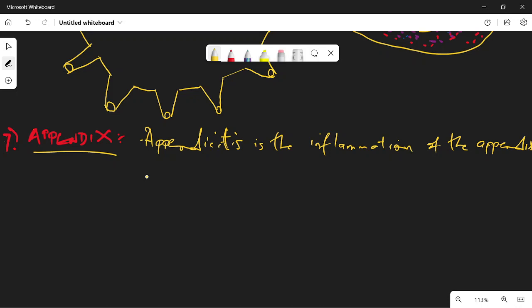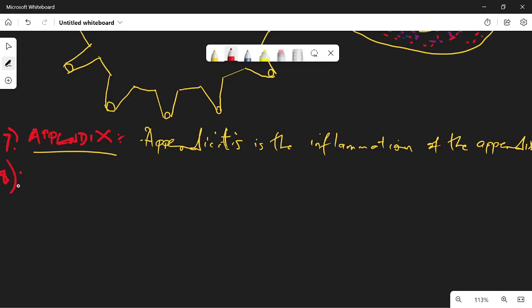If it is not taken care of as soon as possible and a rupture happens to the organ, it can result in death. So that is what we know about the appendix that can cause appendicitis.